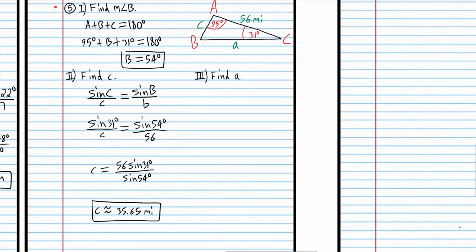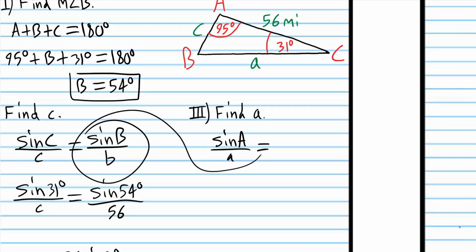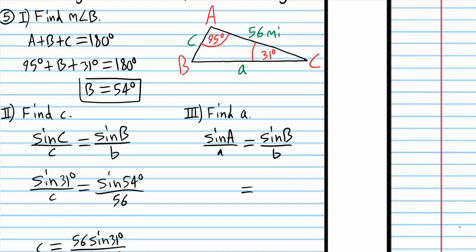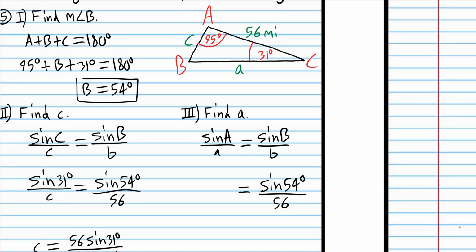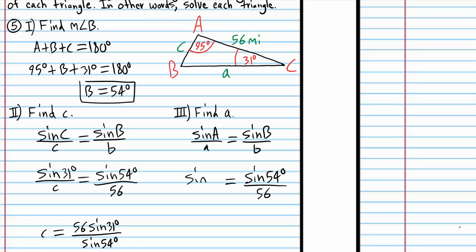So again, it's just like the previous problems. And now we're going to find the length of side A. So obviously we're going to need the sine A over A ratio. And we have this information. So we're going to use sine B over B. B is 54 degrees. We found that in the first step. And the length of the side opposite is 56 miles. Capital A is 95 degrees, and we're looking for the length of the side opposite that angle.